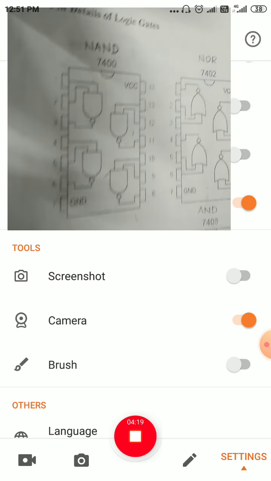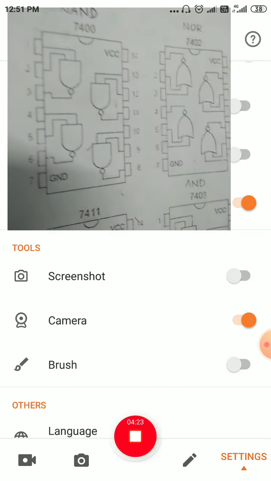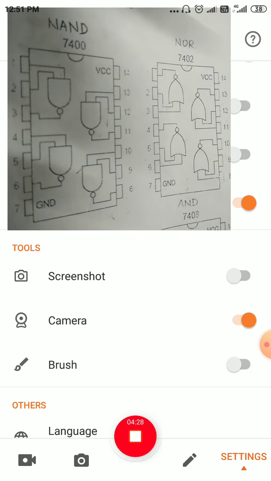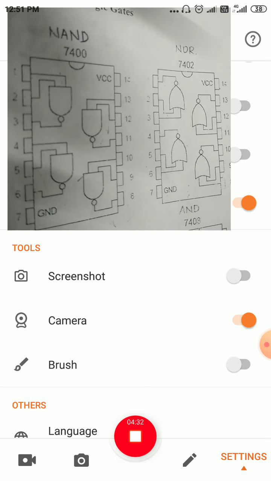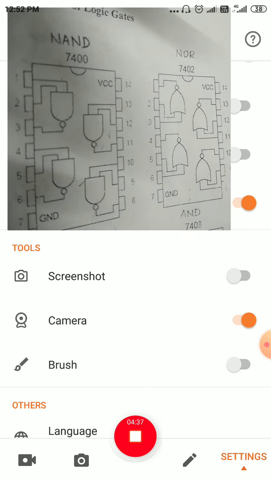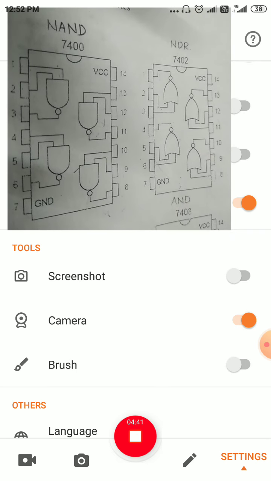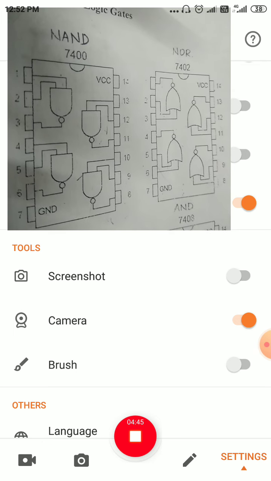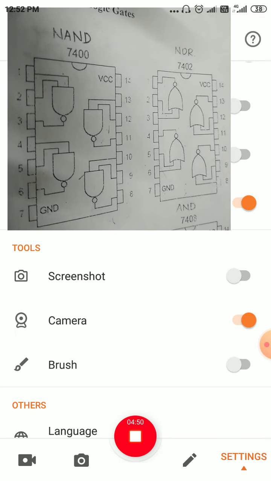Pins 4 and 5 are the inputs and 6 is the output. 7 is the ground. On the opposite side, 8 is the output, 9 and 10 are the inputs, and 11 is the output. 13 and 12 are the inputs. It consists of 4 gates. That is why it is called the 7400 NAND quad IC. Quad means it consists of 4 gates.